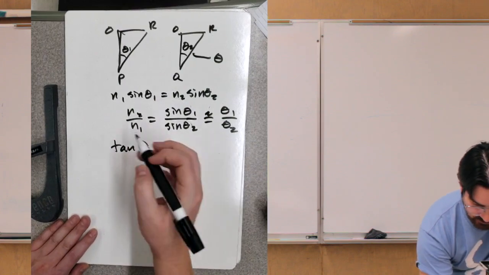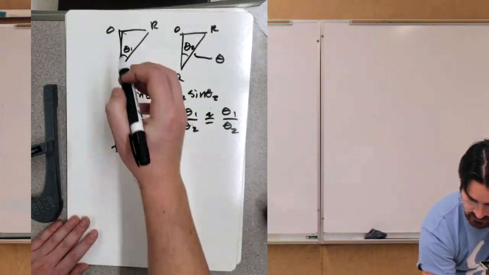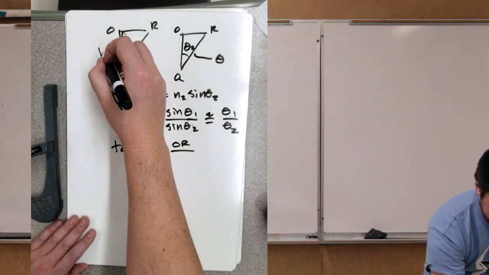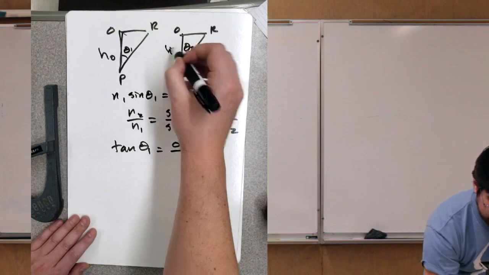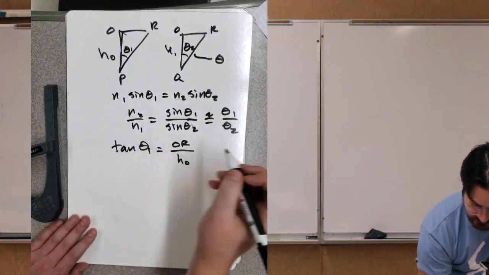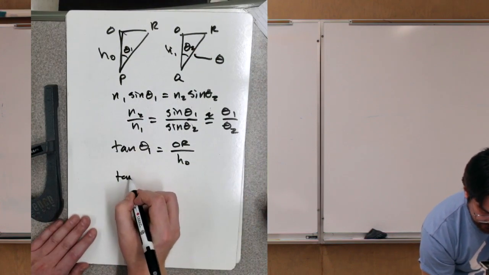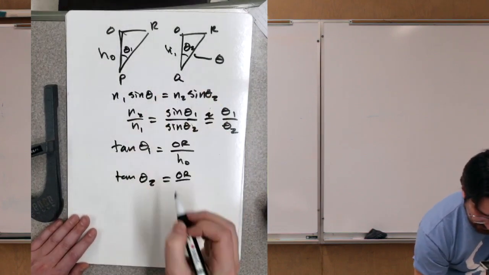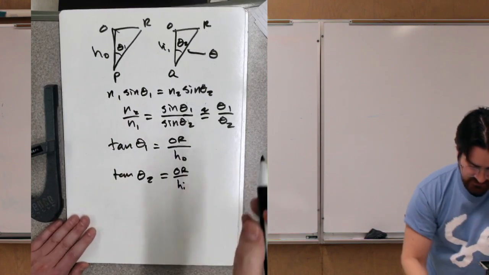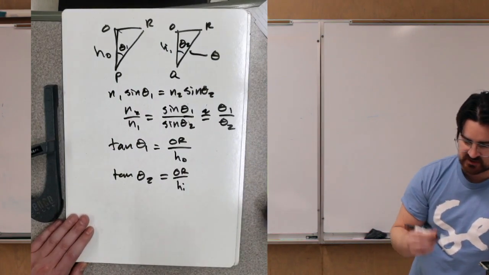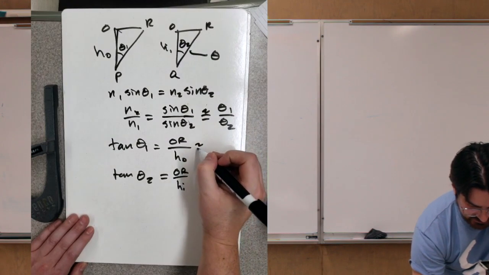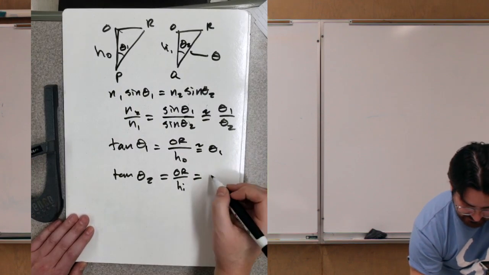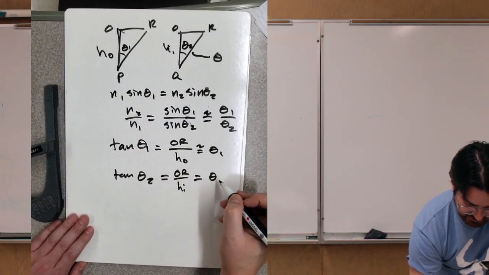So tangent of theta 1 is OR over the height of the object, and tangent of theta 2 is also OR, but over the height of the image. Again, in the small angle approximation, tangent of theta is essentially equal to theta.